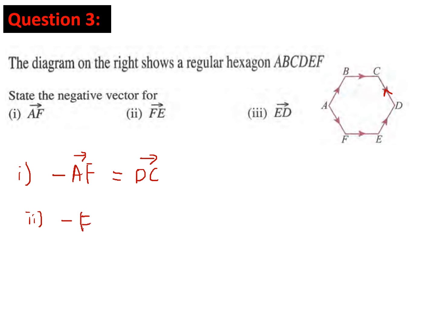Negative vector FE has the same magnitude as vector FE but different direction, that is vector CB.